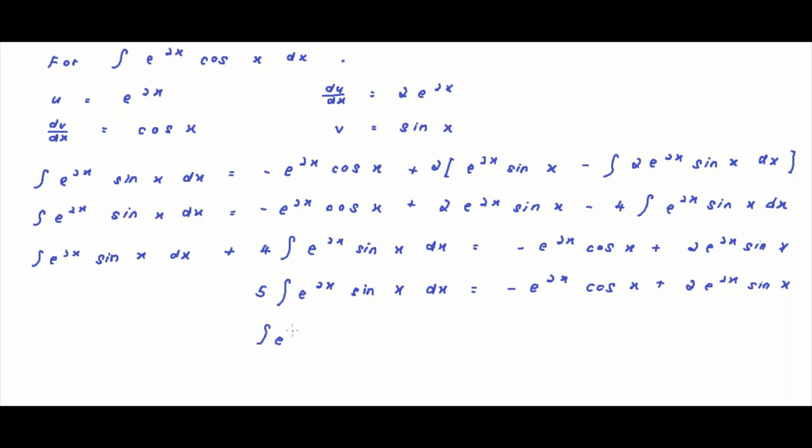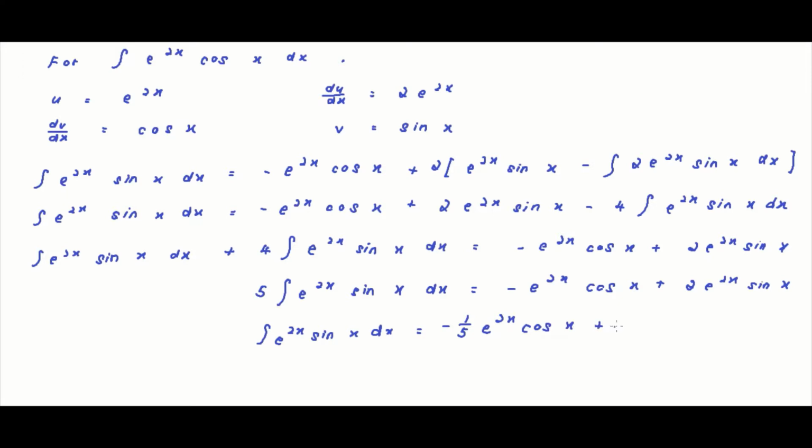The integration for e2x sine x dx will actually equal what? Negative 1 over 5 for the whole thing here. So maybe we try to multiply first, then after that we only do the simplification.